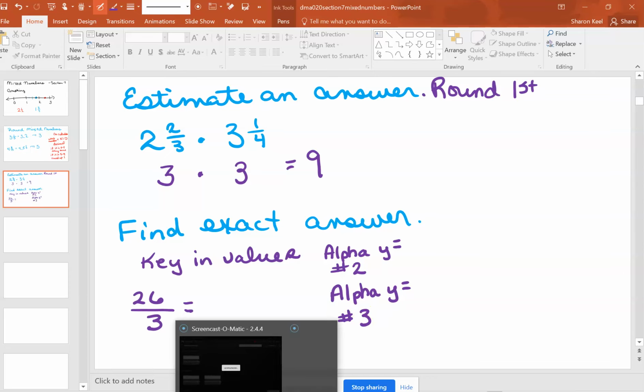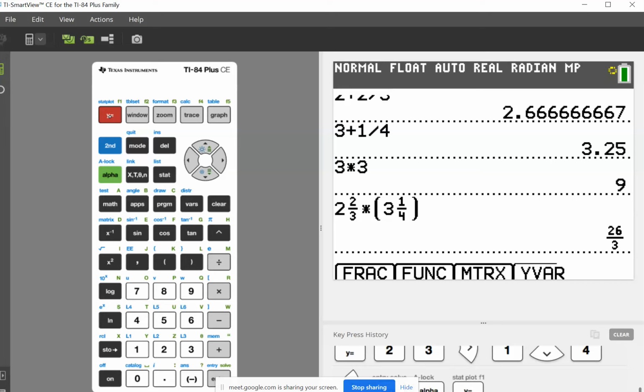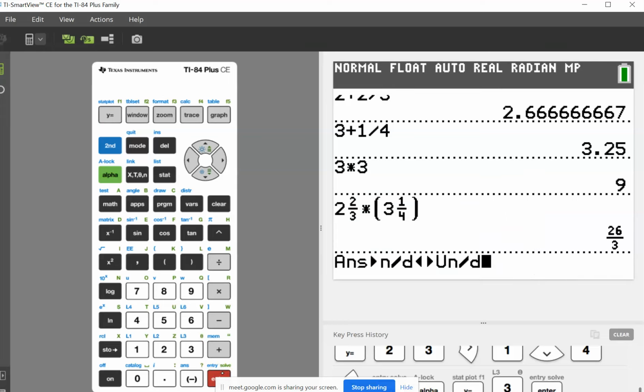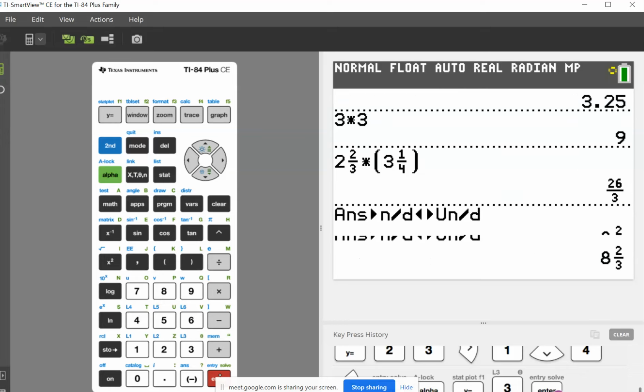So we're back here. We have our fraction. We do alpha, y equals. When you look at number 3, it changes the fraction to the mixed number. So we just choose 3, press enter. And as a mixed numeral, 8 2/3.